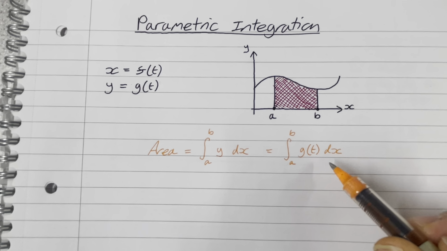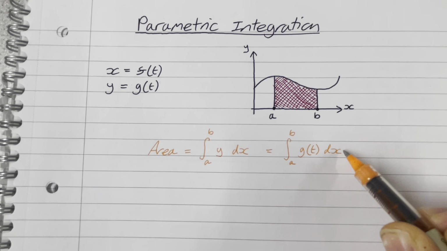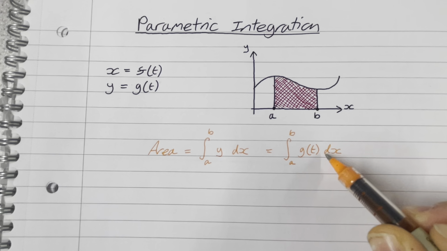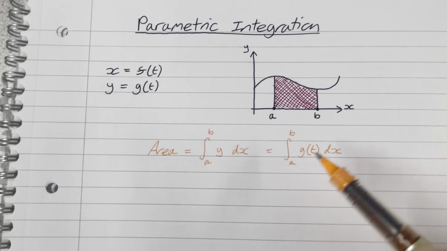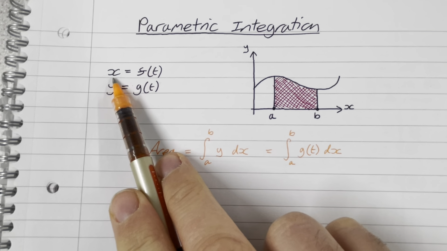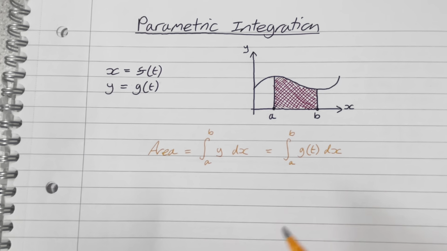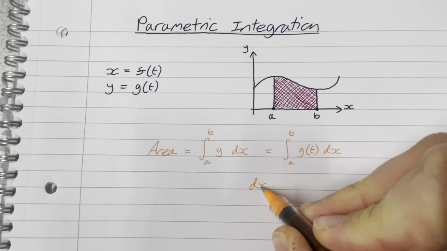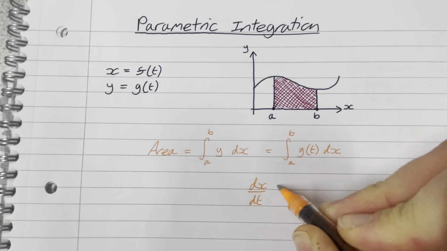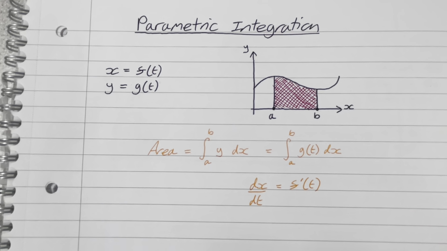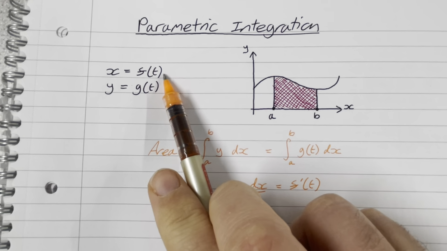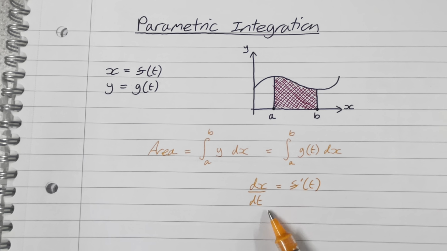So what I'm going to do is, just like with integration by substitution, I'm going to replace the dx with some kind of dt. And the way I'm going to do that is I'm going to consider my definition of x in terms of t. So I can take x in terms of t and I can differentiate. So I get dx by dt equals f primed of t. Okay, that's just taking this definition and differentiating with respect to t.